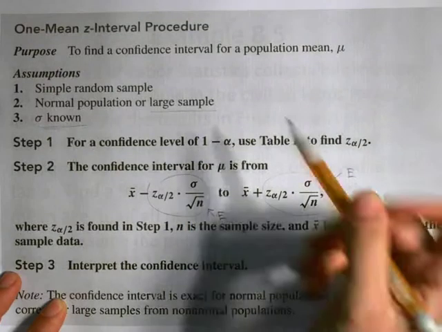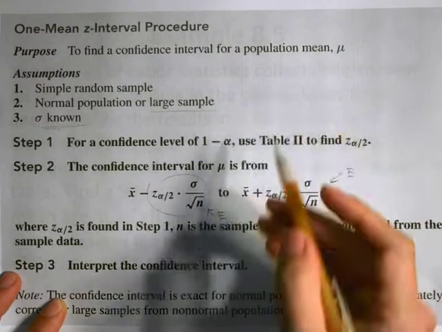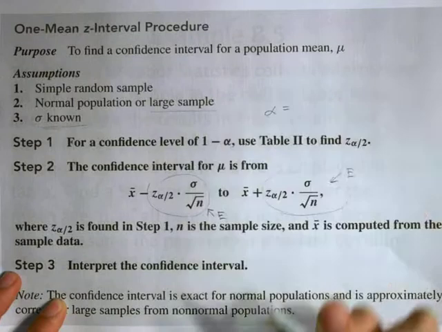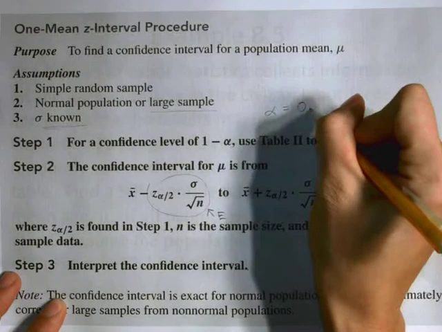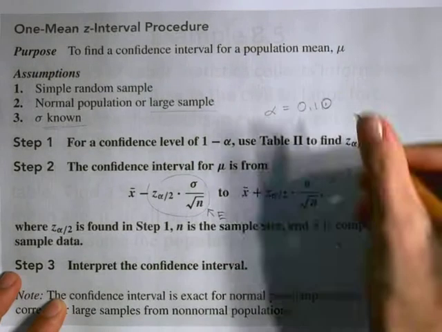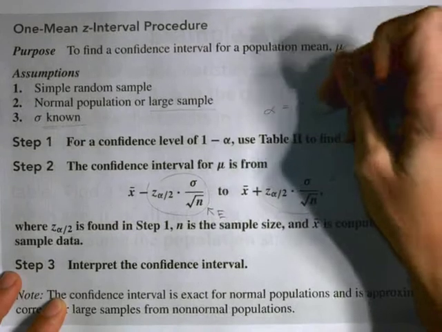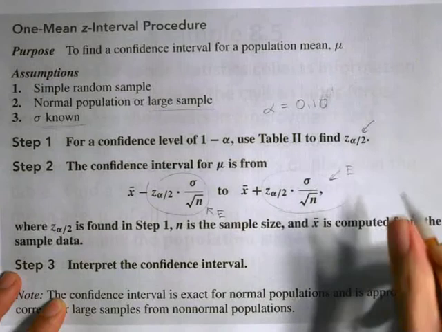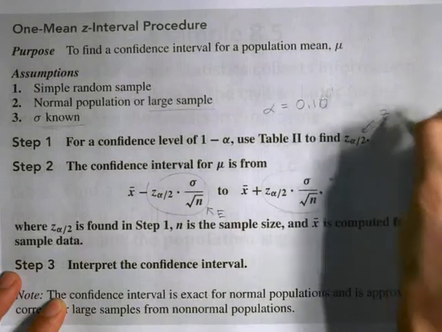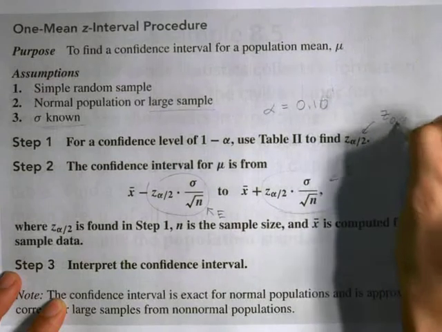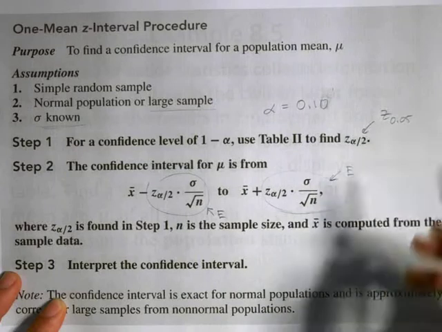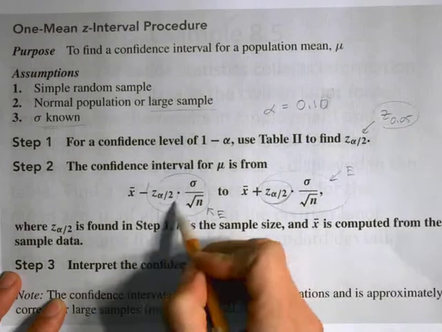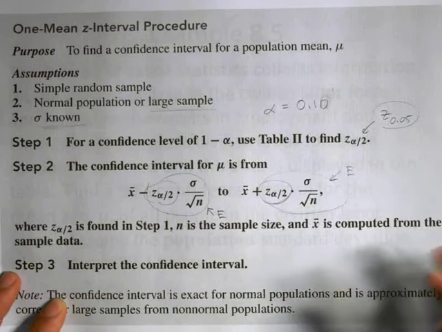So for a confidence interval of 1 minus alpha, for the 90% confidence interval alpha will be 0.10, which means that we will be looking in our z table for z of alpha over 2, which is 0.05. So that's the number here that we'll find in our table.